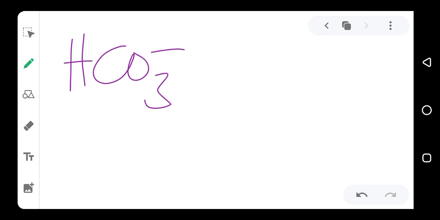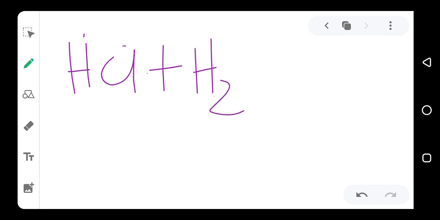Then another example is when we have HCl plus water.